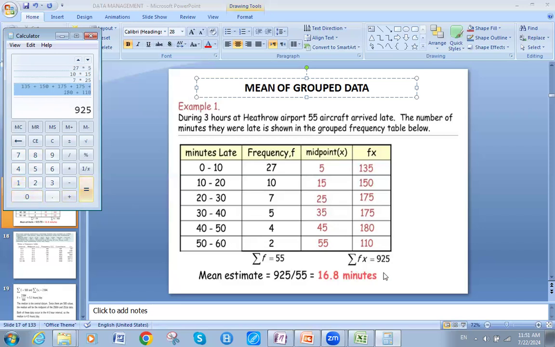That will equal 925. So fx, like we said, the frequency multiplied by the midpoint, will give me the column of fx.